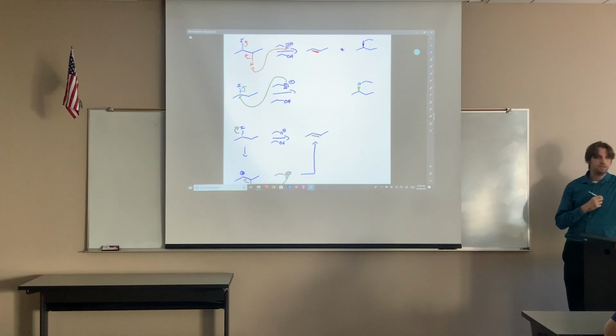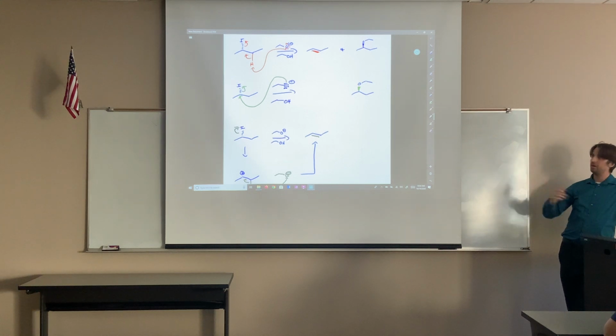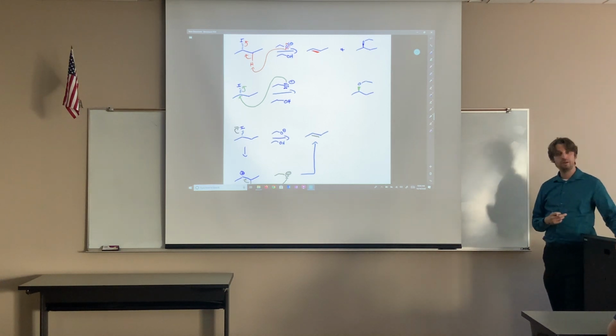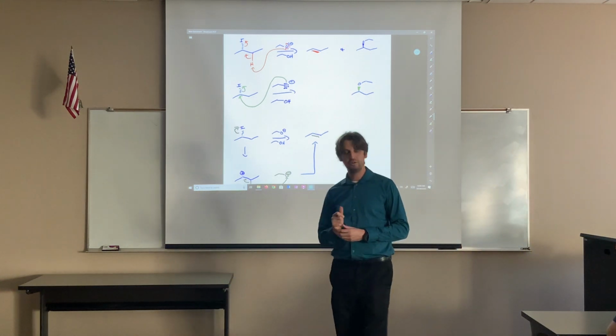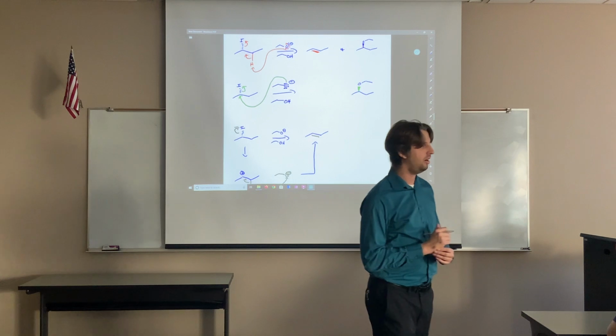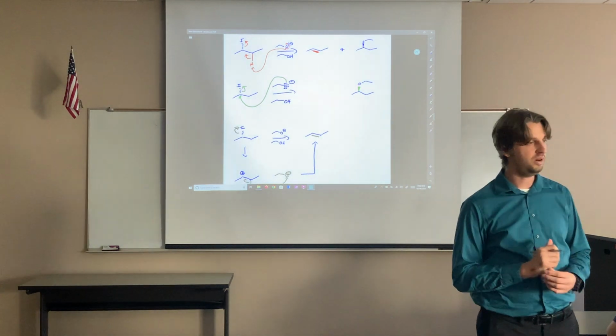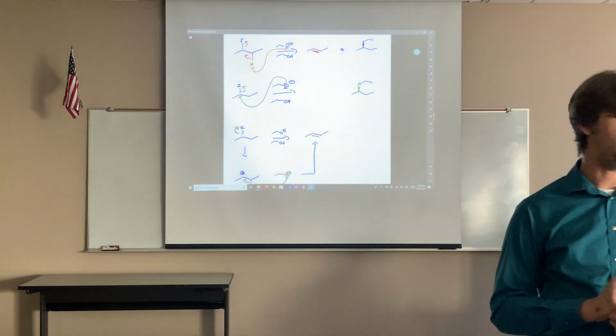All right, so then the question, we still haven't quite finished yet, because which one of these is going to be preferred? Secondary leaving group, strong base, we're going to be favoring our eliminations. Acid-base chemistry is going to usually happen faster than our nucleophile chemistry, if you want to think about it in that way.